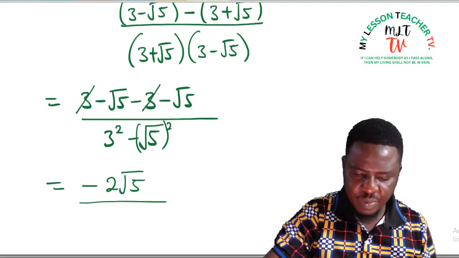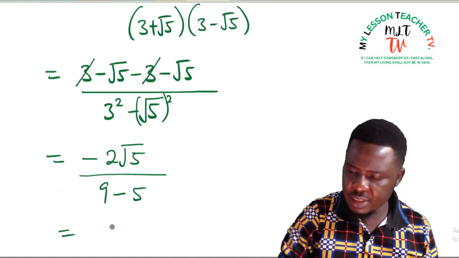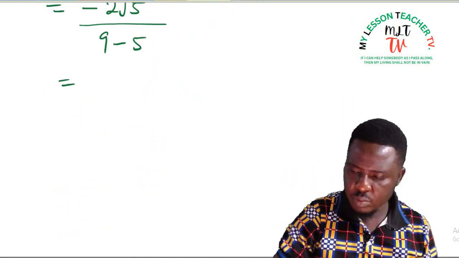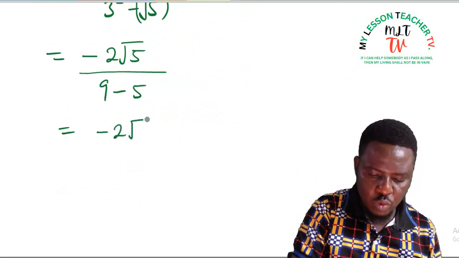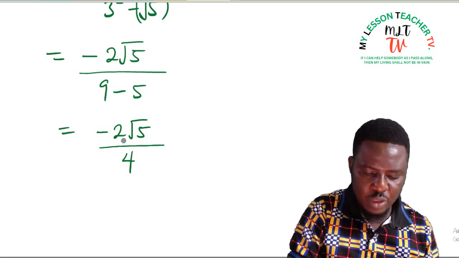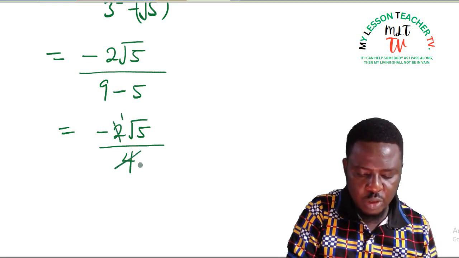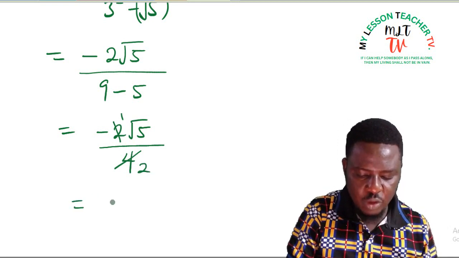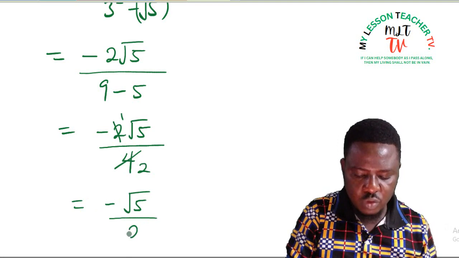Divide by 3 squared is 9, so we have 9 minus 5, and this is equal to minus 2 root 5 divided by 4. 2 is a factor of 2 and 4, so 2 into itself is 1, 2 into 4 is 2, leaving us with minus root 5 over 2.